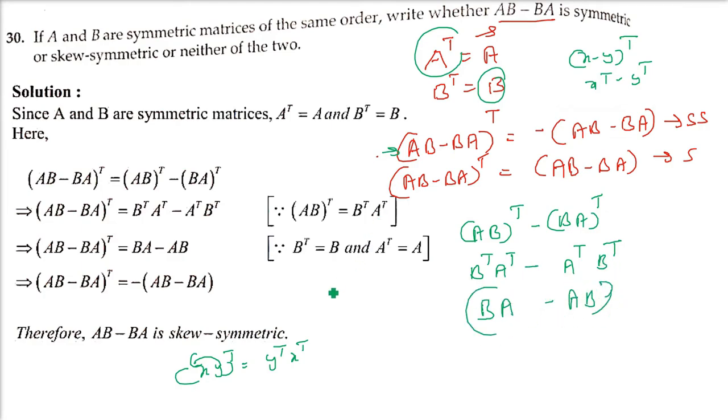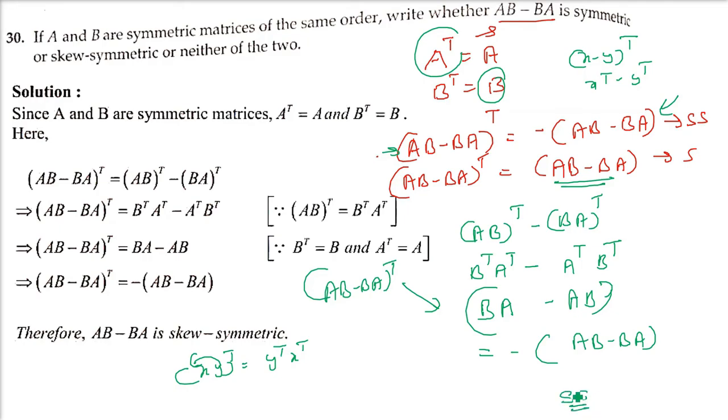Now when we took the transpose of AB minus BA, what should come? Either AB minus BA or AB minus BA in negative. But it is not coming AB minus BA. So what will it be? If we take negative outside from here, that will be AB minus BA. And what does it mean? This is the first one, which is skew symmetric because it is negative of the original.